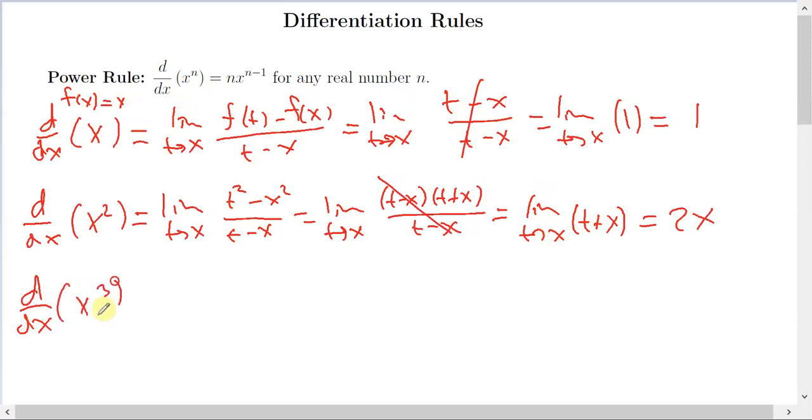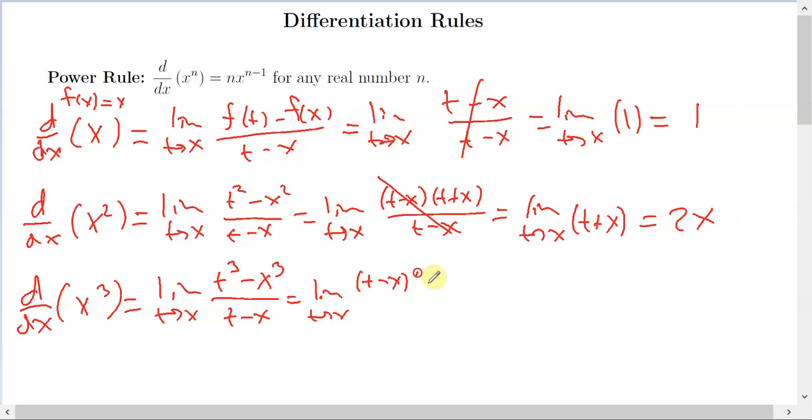If I do the cubes, I get the limit as t approaches x. F of t is t cubed. F of x is x cubed, over t minus x. Again, this will factor. It's a difference of cubes. It's t minus x times t squared plus tx plus x squared.